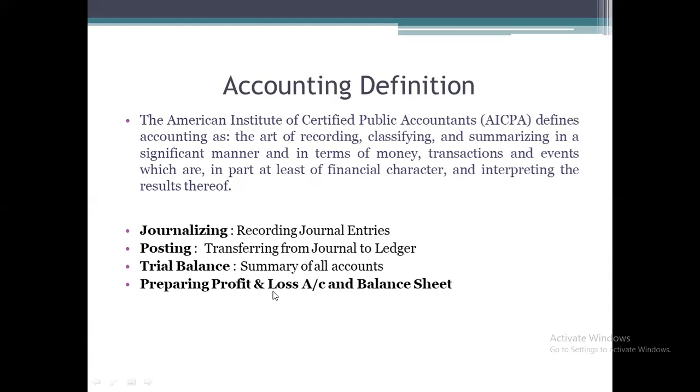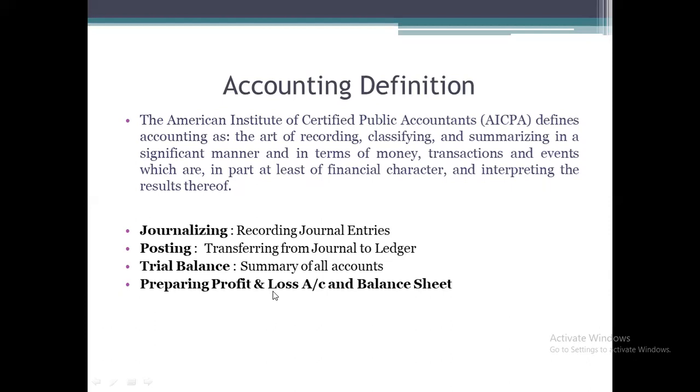The profit and loss account will tell me whether my business is running into profit or loss. It will give me that result because I'm recording all the expenses and purchases. I'm recording all the sales.